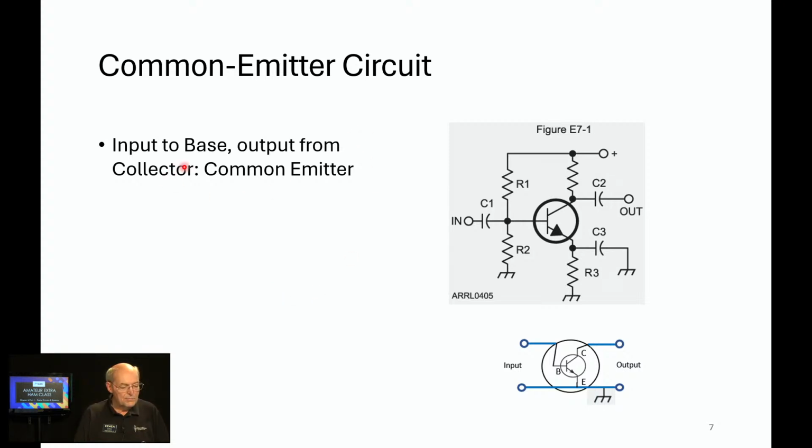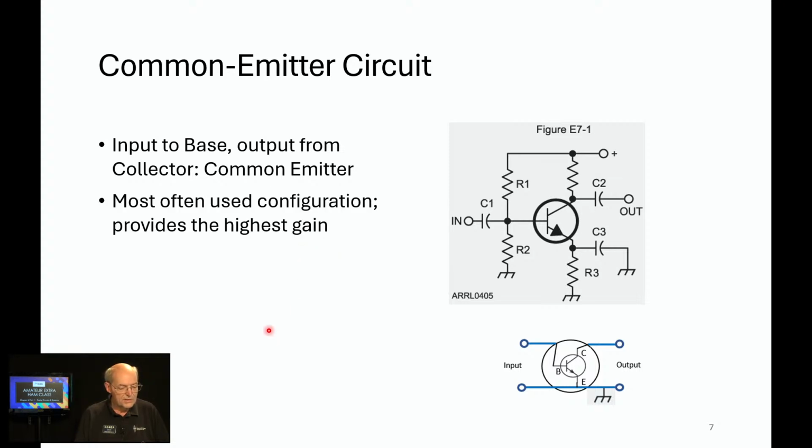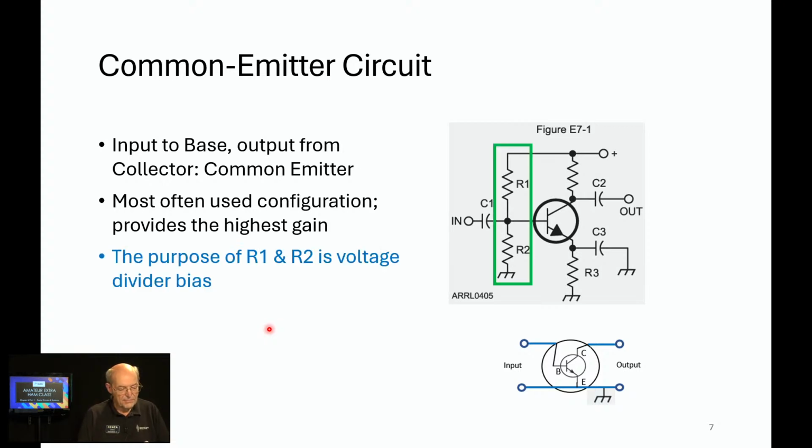So common emitter, the input is to the base. Here's the base. Output is from the collector through a resistor. This configuration provides the highest gain of the three types. Now, the first pool question, they ask about the purpose of R1 and R2. You might remember from our discussion on semiconductors that a transistor, when it's turned on, will have a voltage between the emitter and base of about 0.6 to 0.7 of a volt DC.